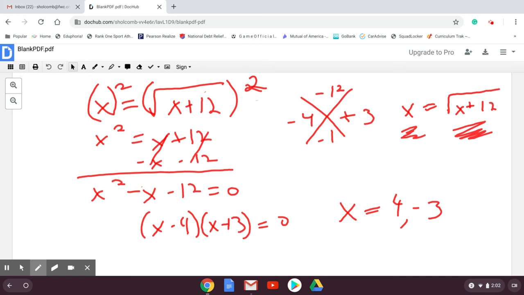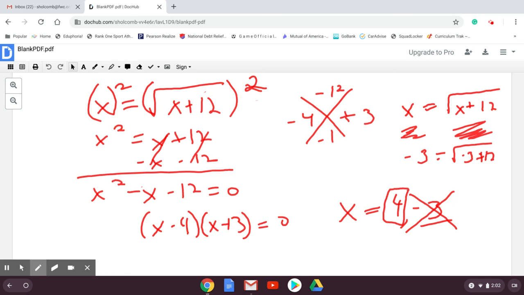And so look at that negative 3. If I plug in my negative 3 right here, can I have negative 3 equal to the square root of negative 3 plus 12? The answer is no, because the square root of a number is never negative. And so this one, the negative 3, is extraneous. Now, this is where I lose some students that don't pay close attention.